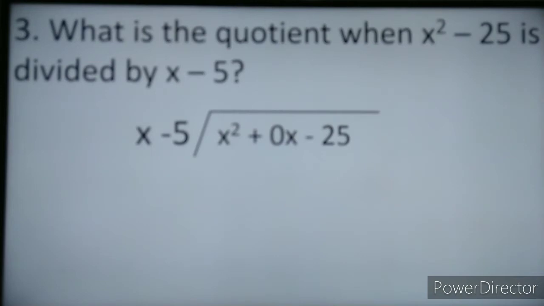So we have now x squared plus 0x minus 25 divided by x minus 5. You will notice that we added 0x as an additional term because the degree 1 is missing, so that's why we insert 0x raised to the first power.